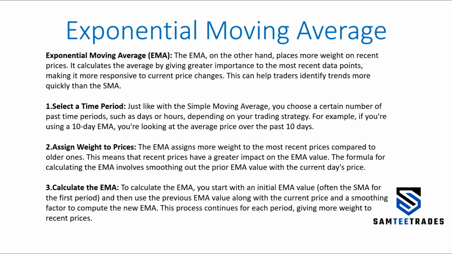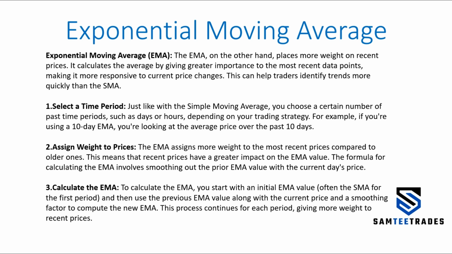Rather than just being prices divided by periods and then you've got a solid line, this is more weighted toward recent price action, so it's not as stagnant. It's a lot more reactive, so this can help us identify areas a lot quicker.